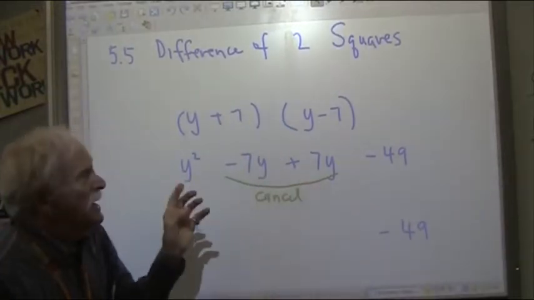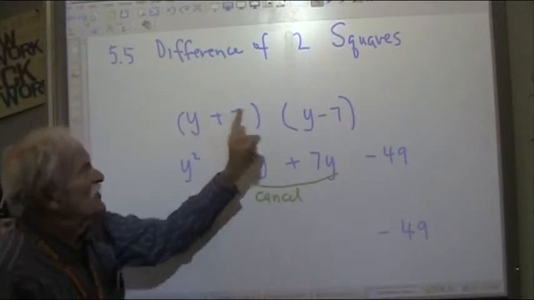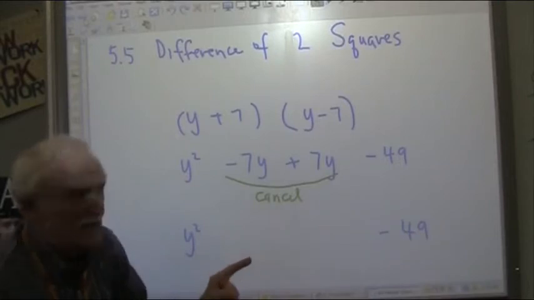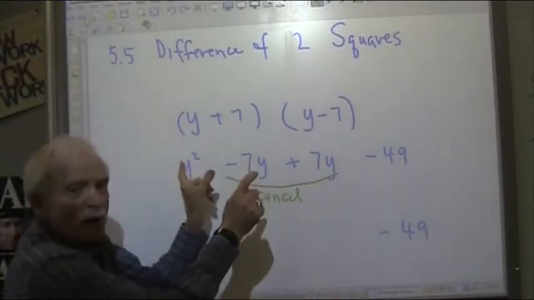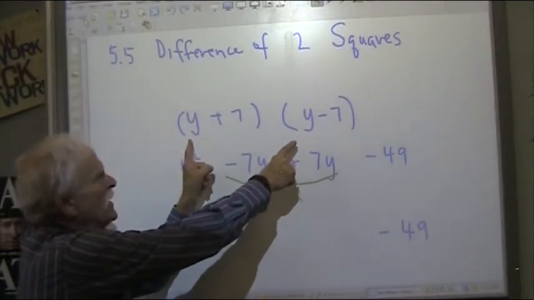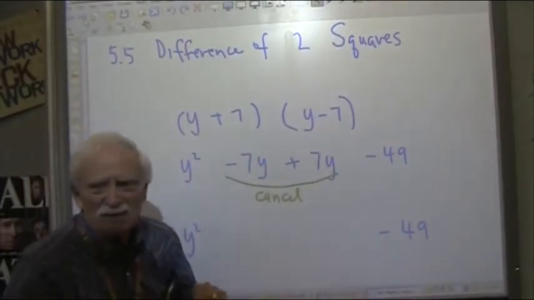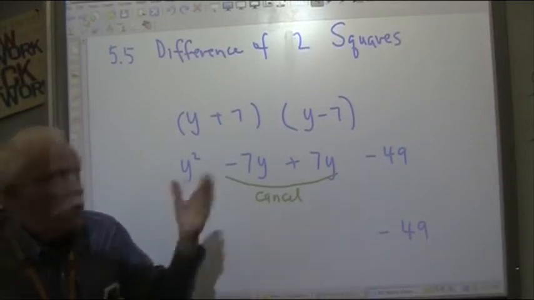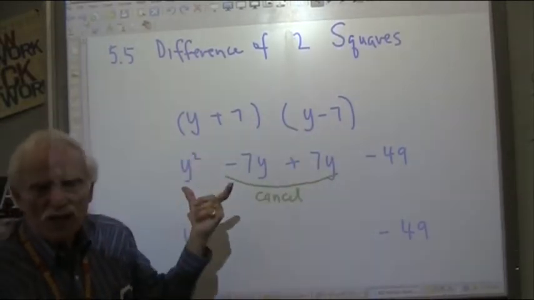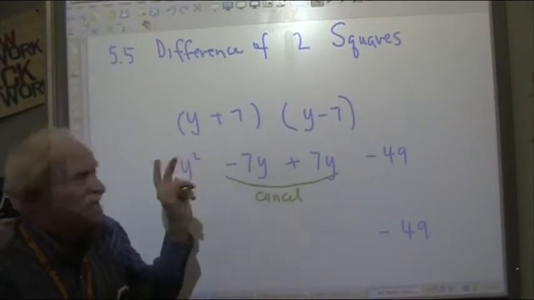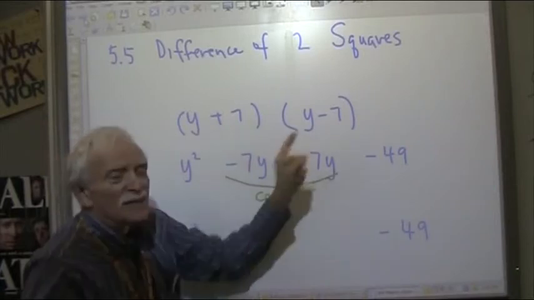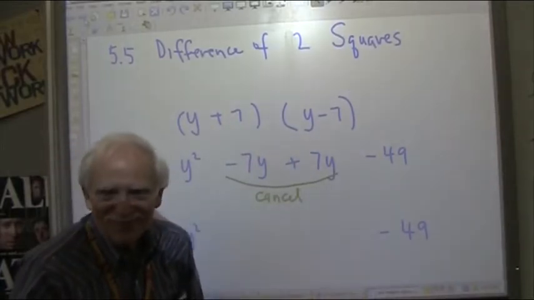So having the different sign here caused the cancellation, but the other important thing is that in the two binomials, the first elements are the same, and the last elements are the same. So these two binomials that give us the difference of two squares have exactly the same terms in them, except the signs are different.